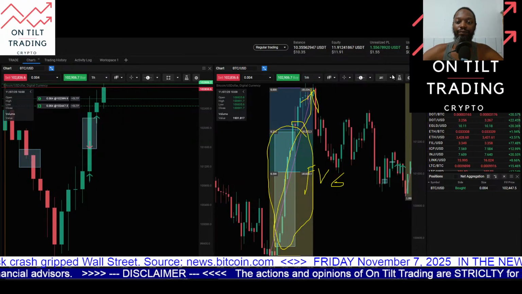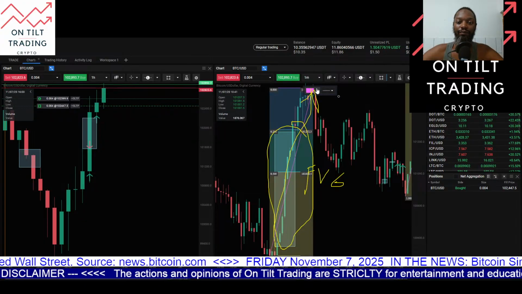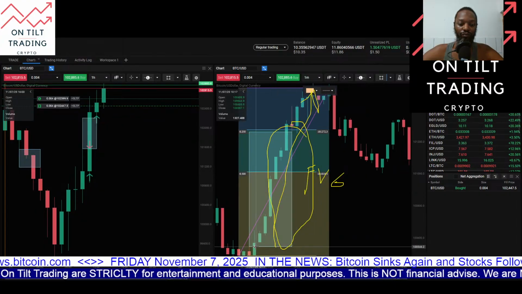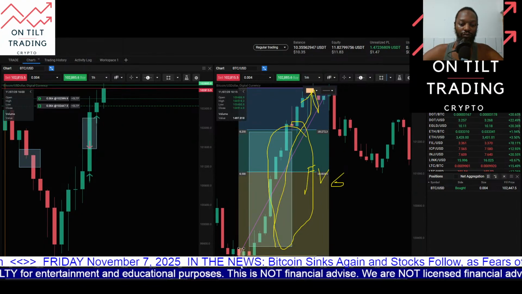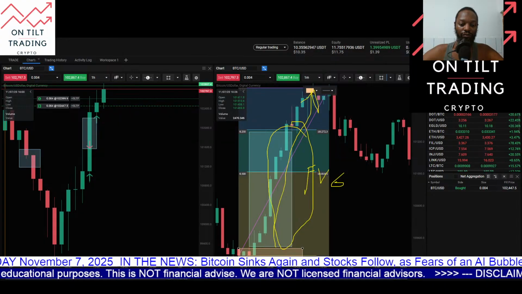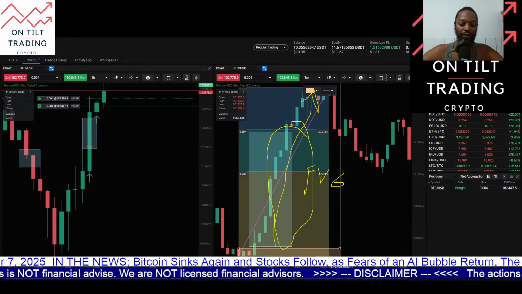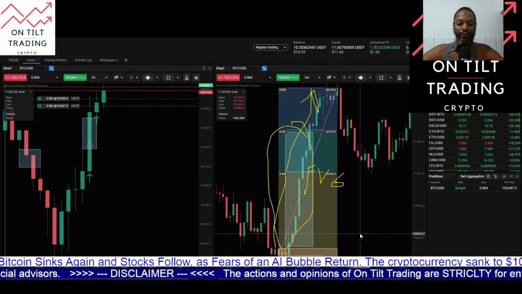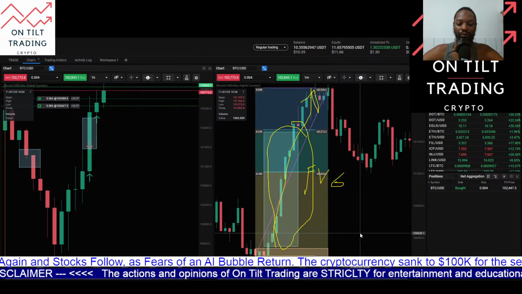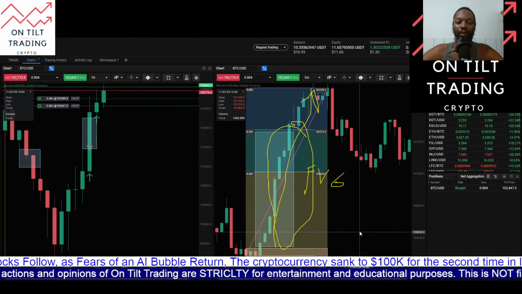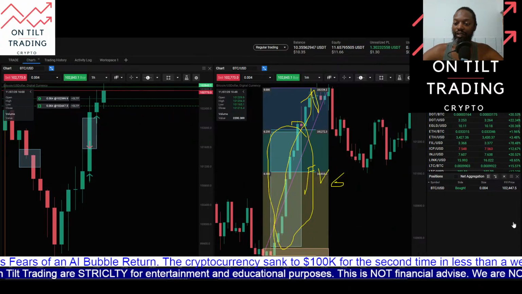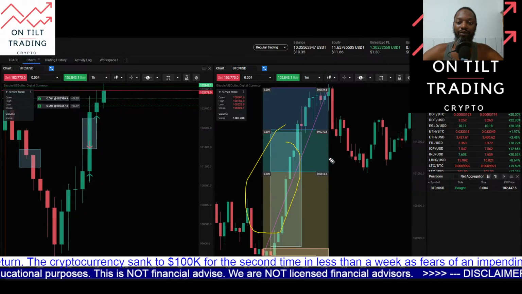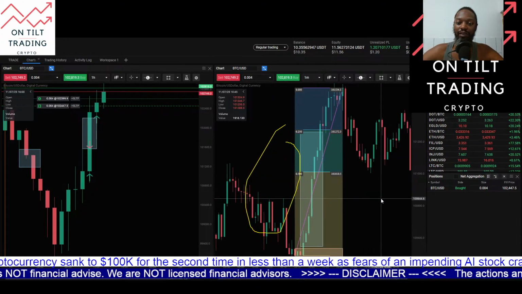And call this the order block down here. So with that, having these criteria in place, this fair value gap is the main criteria here that we want to see.